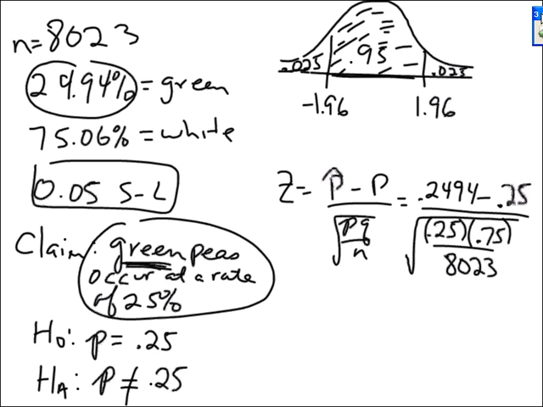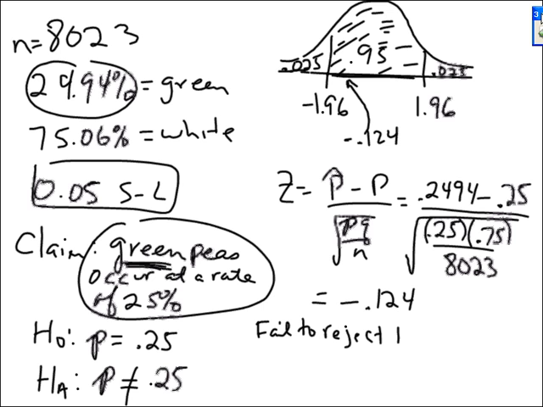And don't forget to take the square root of that bottom. And when you do that, you get negative 0.124. That's what Z is. And that Z is right there, negative 0.124. So we're in the acceptance region. So what we say is we fail to reject H0.